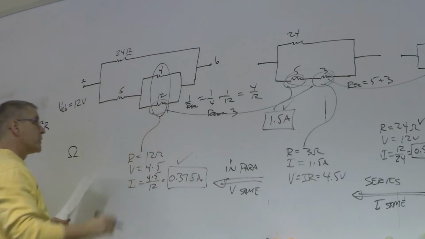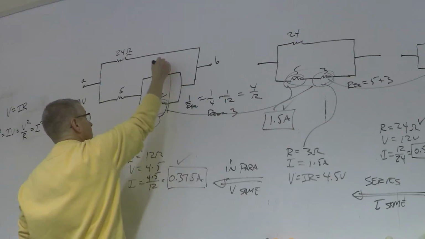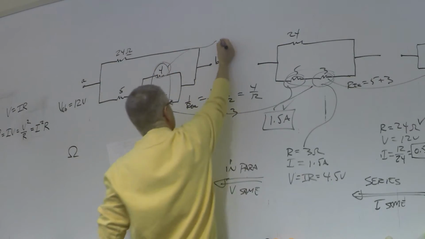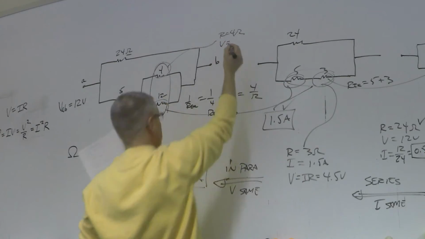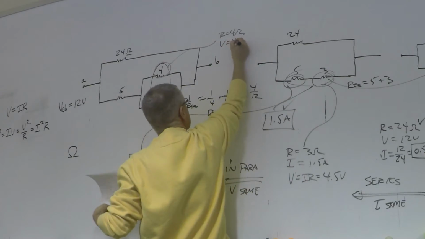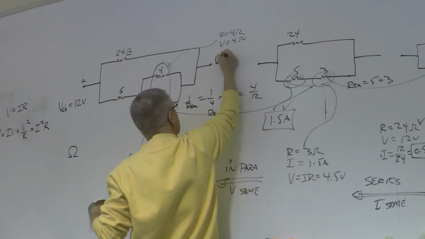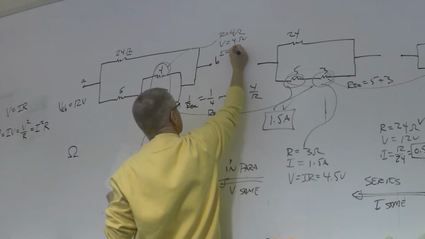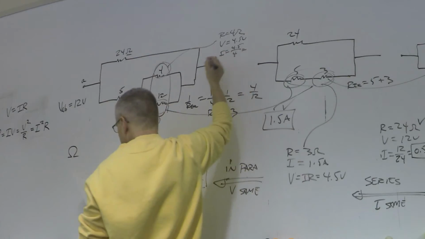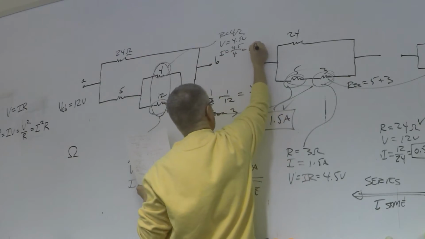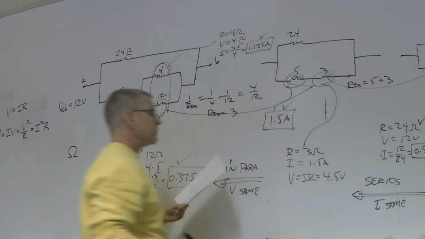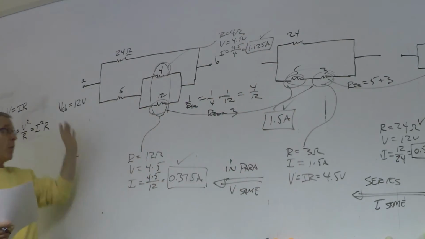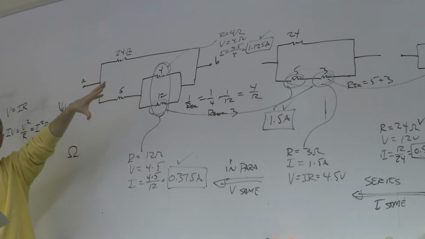That's one of our originals, and then this one here: 4 ohms, voltage 4.5 volts, and current then comes out to 1.125 amps. And so now we know how our current got split up through all these different resistors.